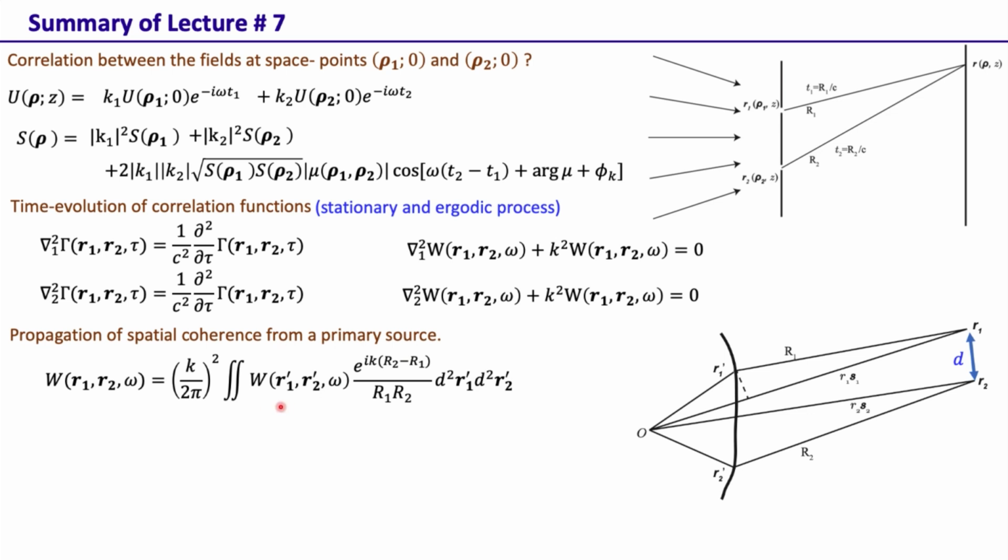We found that if we know the cross spectral density at the primary source, W(r1 prime, r2 prime), at this plane, then the cross spectral density at some other pair of points away from the source is given by this equation. That's an integral equation. So we can find W(r1, r2) if we know W(r1 prime, r2 prime).